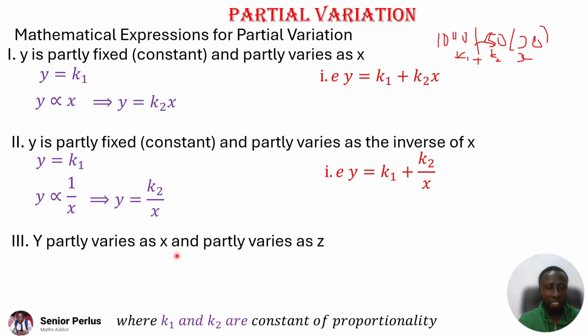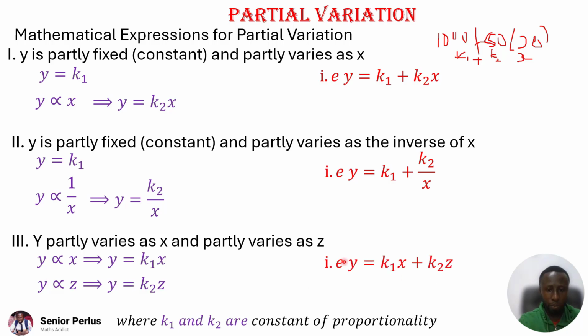Last one. Y partly varies as S. See, here it was Y is partly fixed. Partly fixed, that's why it was K. So here it's Y partly varies as S, and you can write this in equation form. Y partly varies as S, and partly varies as Z. This is our first constant, K1S, and K2Z. So let's join this in a partial form.